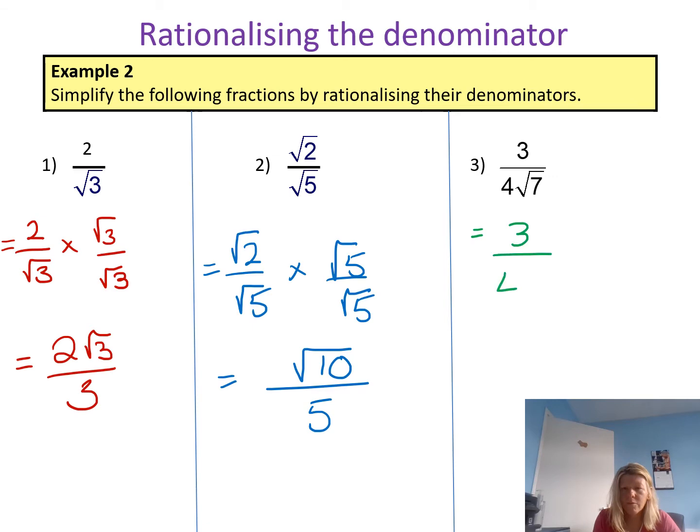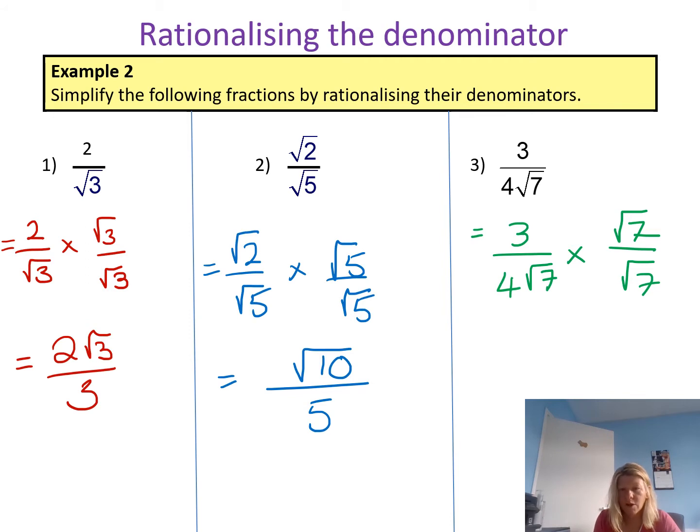3 over 4 root 7. Now you can times top and bottom by 4 root 7, but the number's too big. So if you just times by root 7 over root 7, nothing wrong with putting a 4 there and a 4 there, it just makes the numbers big and you have to cancel them down afterwards.